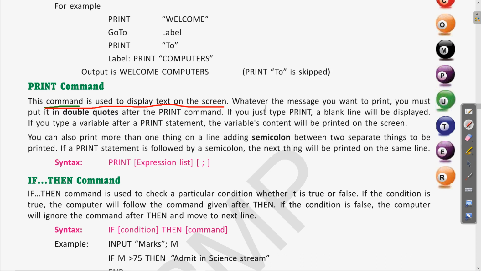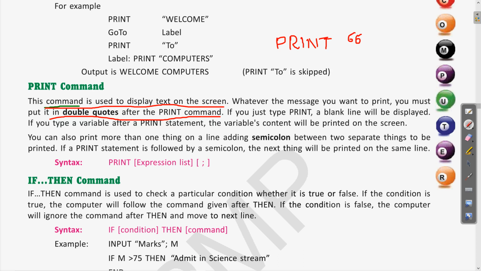Whatever the message you want to print, whatever the text we want to print, we have to put it in the double quotes after the print command. Clear? So suppose you have to print something, your name, you can write print, then whatever the text you want to print, write that string in double quotes. Clear?